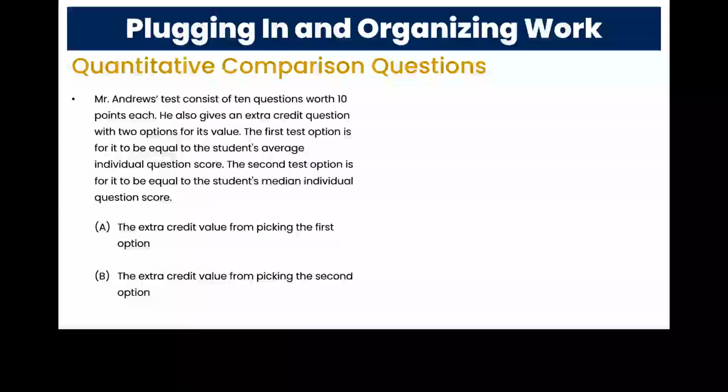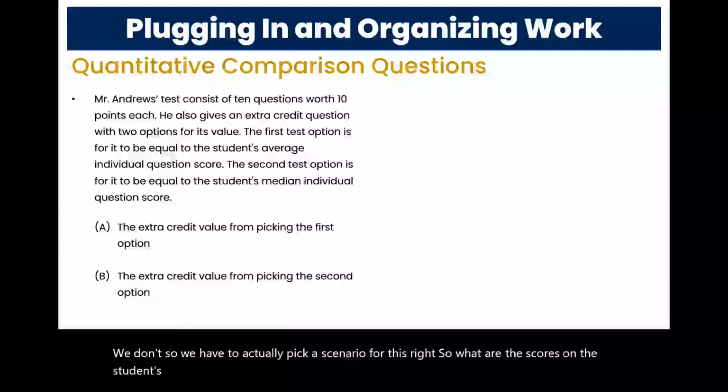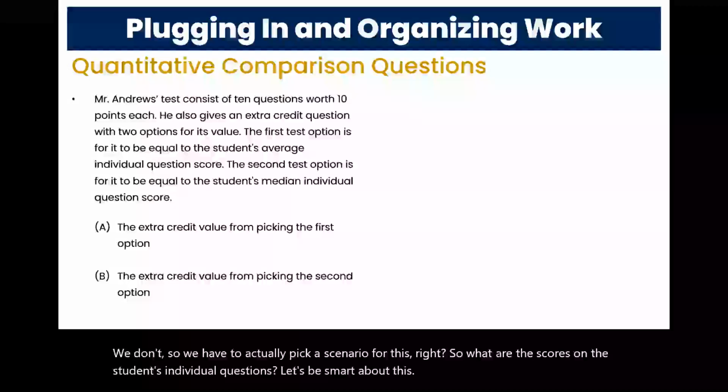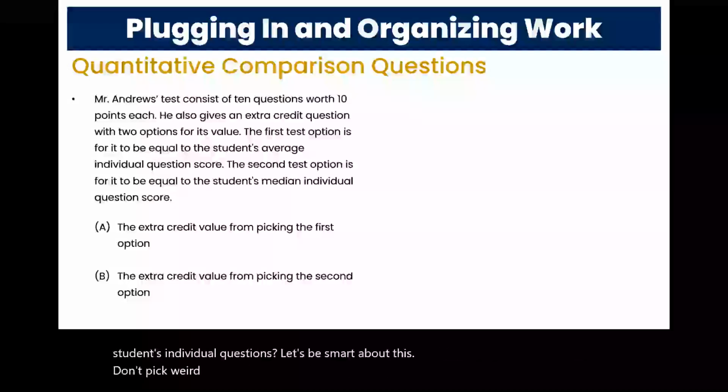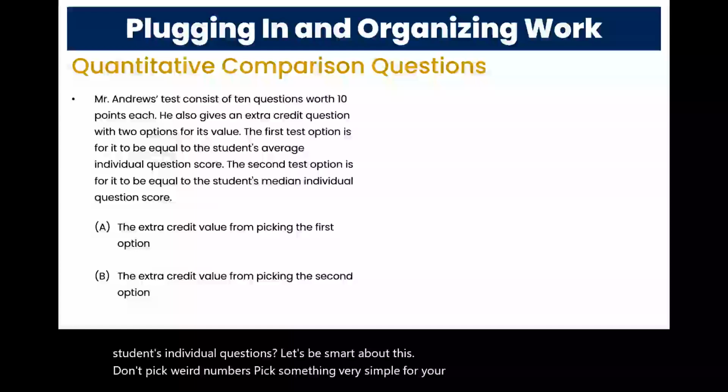We don't. So we have to actually pick a scenario for this, right? So what are the scores on the student's individual questions? Let's be smart about this. Don't pick weird numbers. Pick something very simple for your first scenario. What's our first scenario here?